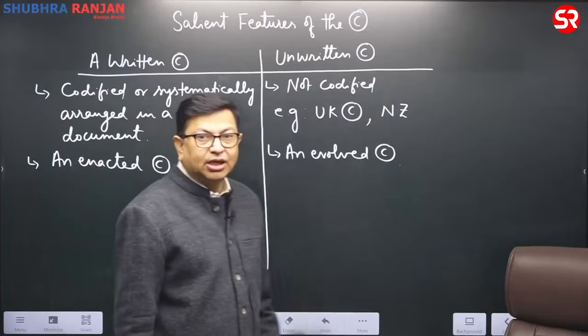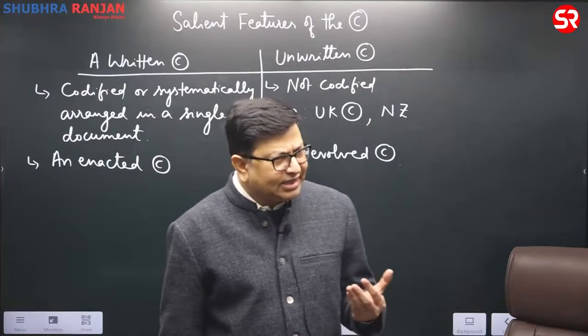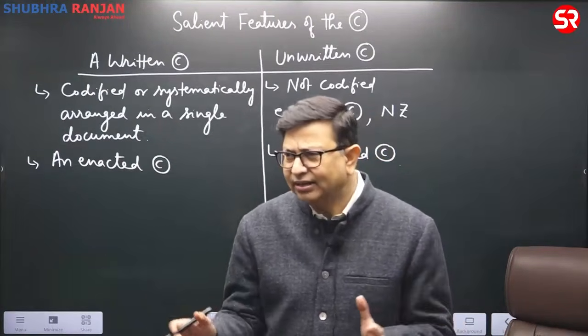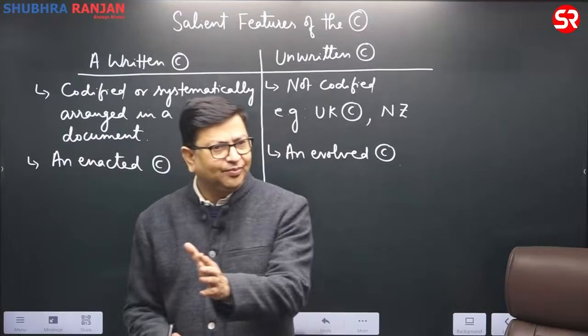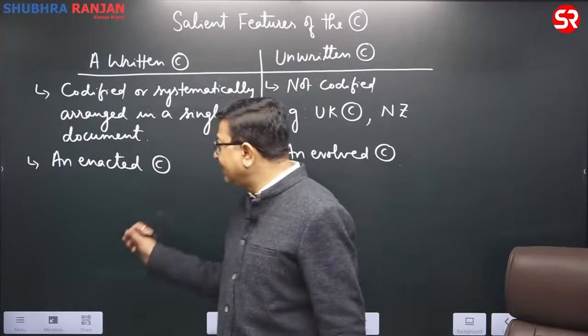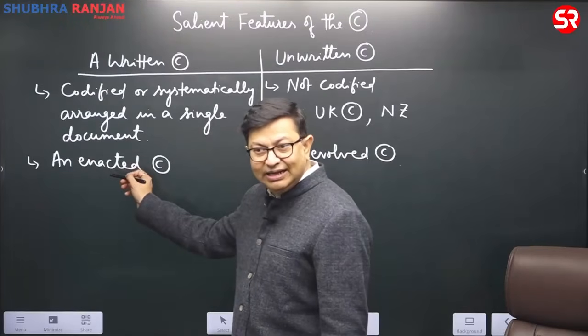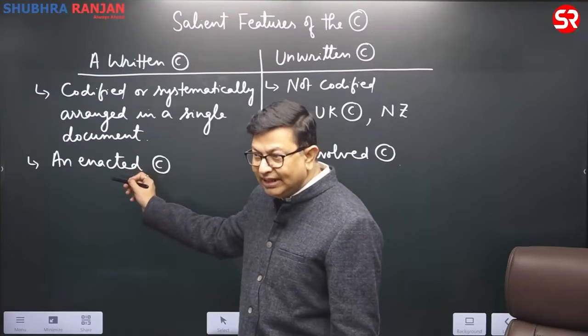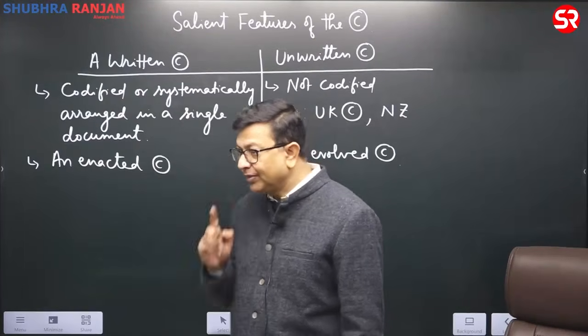Enacted constitution means a group of people sat down, they wrote the constitution and they said, okay, this is the Constitution of America, this is the Constitution of India. For example, the Philadelphia Convention enacted the American Constitution. The Constituent Assembly enacted the Indian Constitution.